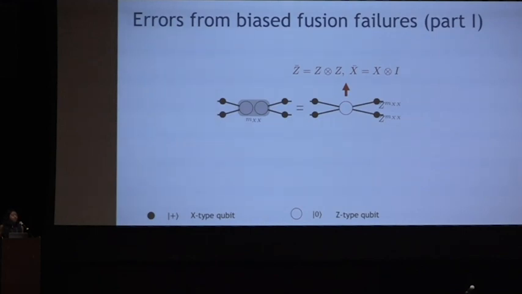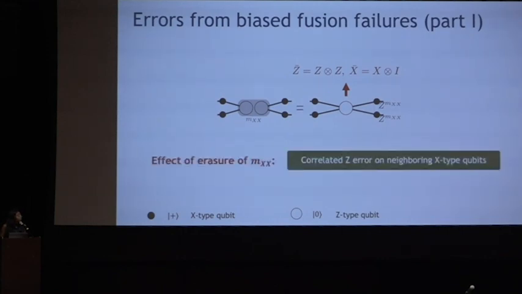And secondly, it passes Pauli corrections onto two of the neighboring X-type qubits, dependent on the measurement outcome. So, if I have a biased erasure, I already showed you that I lose the measurement outcome of XX. And if I don't know the XX measurement outcome, I don't know whether to apply I or Z to these neighboring X-type qubits, which looks like a correlated Z error in my cluster state.